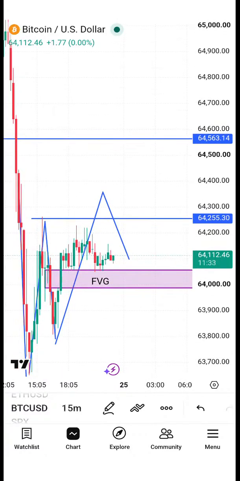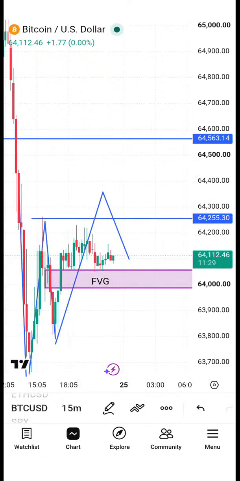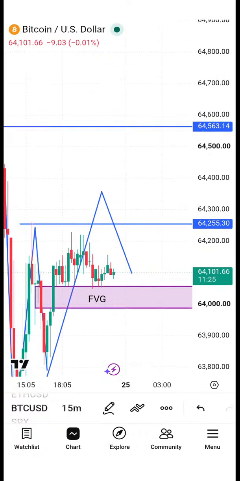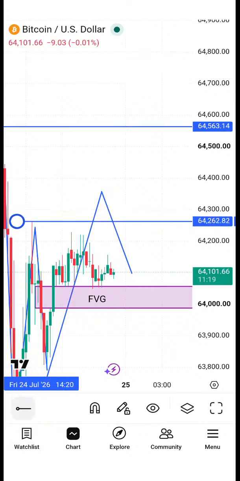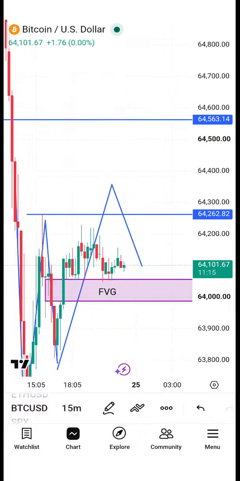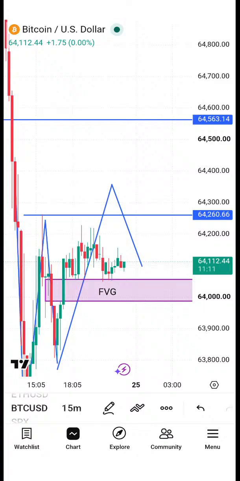I don't care if the market is just at the fair value gap. I don't care about the fair value gap, man. Just want to see the market breaking above this zone before I take a buy.